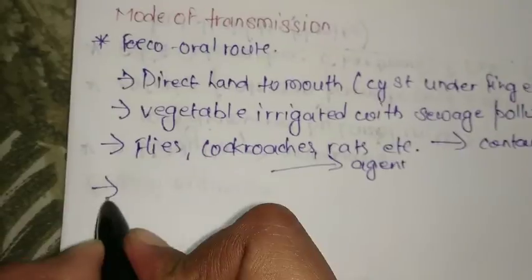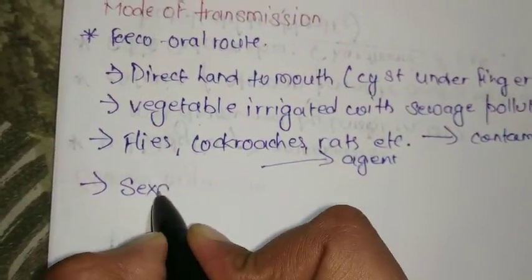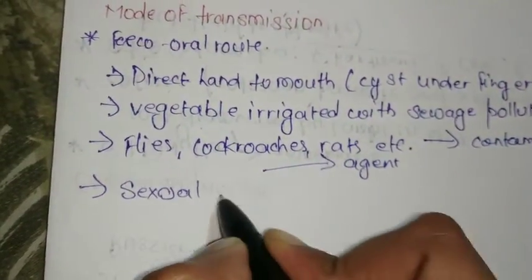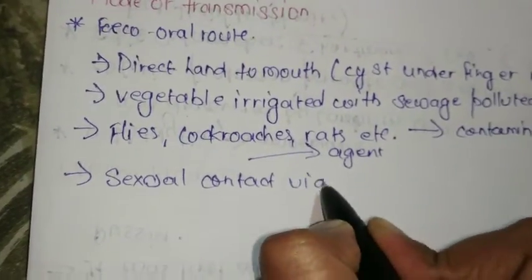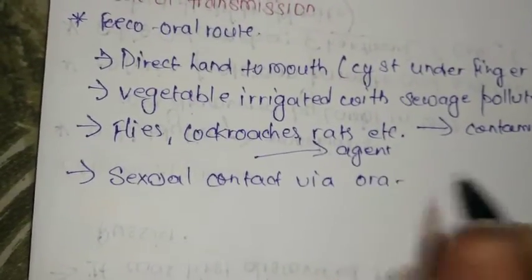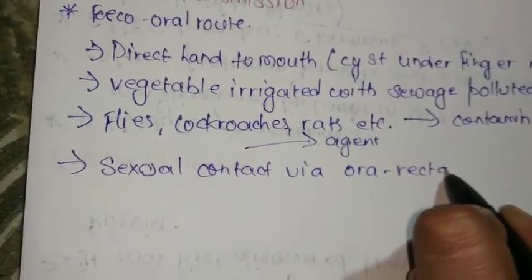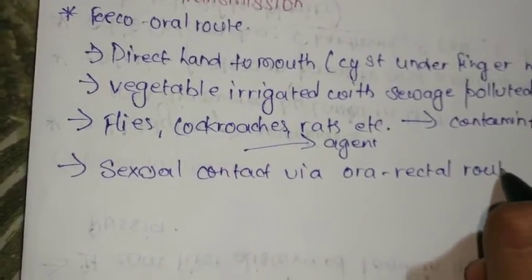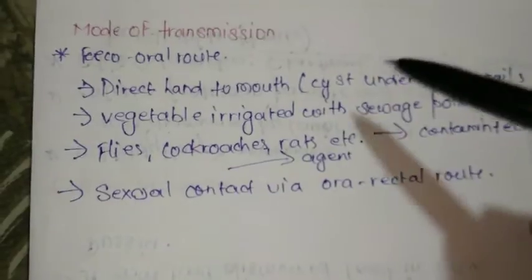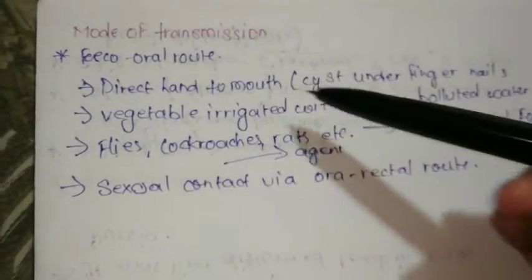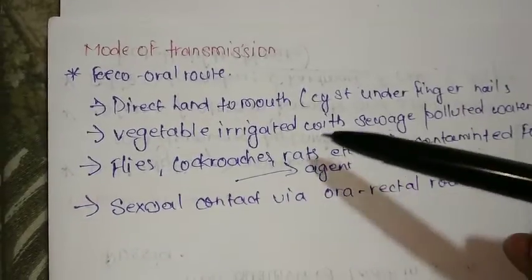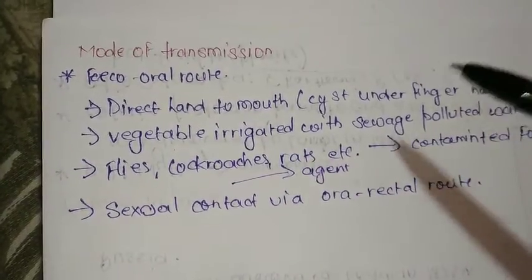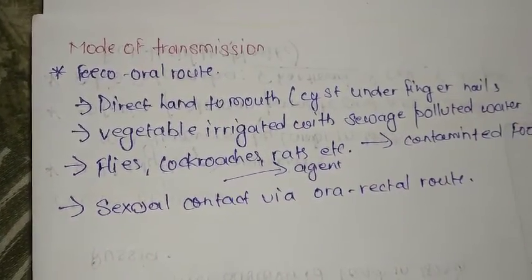Another way is sexual contact via the oral-rectal route. These are the modes of transmission. From there, the cyst will reach our food, and that may cause amoebiasis in a human being.